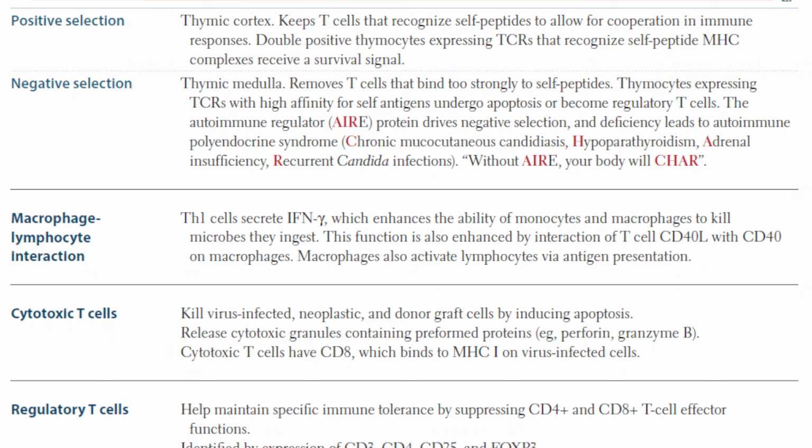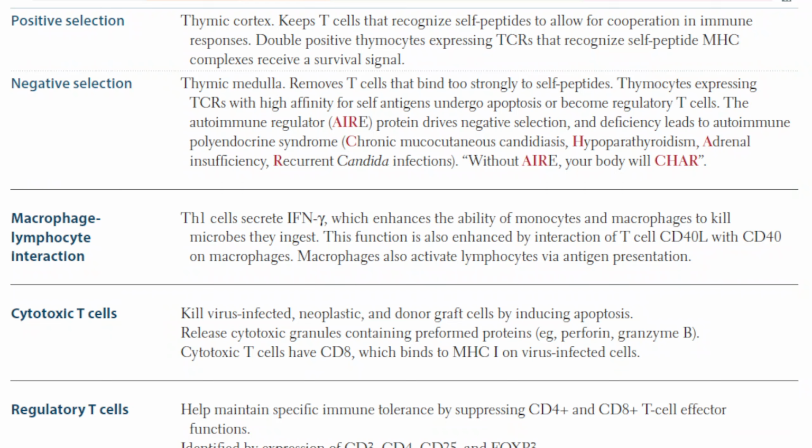Double positive thymocytes expressing TCR that recognize self-peptide MHC complex receive a survival signal. You're going to see it better in the graphic we're going to show in a little bit. But this is very high yield. I've seen questions about this.